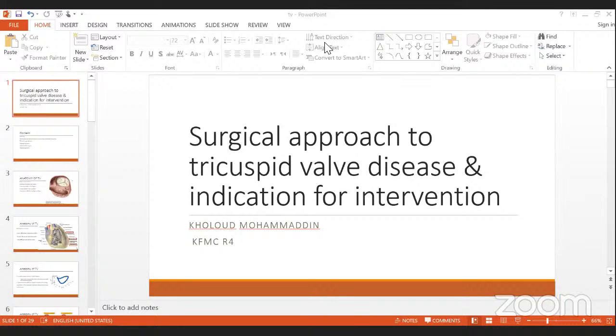When you become more senior, or you have senior colleagues with you in the gray area zone, for example a patient with annular dilatation but with moderate pulmonary hypertension, you can argue that you need to address that valve. However, for the time being, just stick to the guideline.